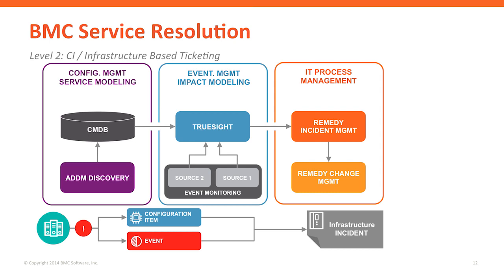The CMDB establishes that reference point that gives you the content and context that you can then communicate over into your event management system, so that when events come in, those events can be associated with those references, in this case with those CIs. And from there, you're able to generate an incident that your service management team can act upon. And as you see in the lower right-hand corner, it makes reference to the infrastructure incident that is then leveraged.